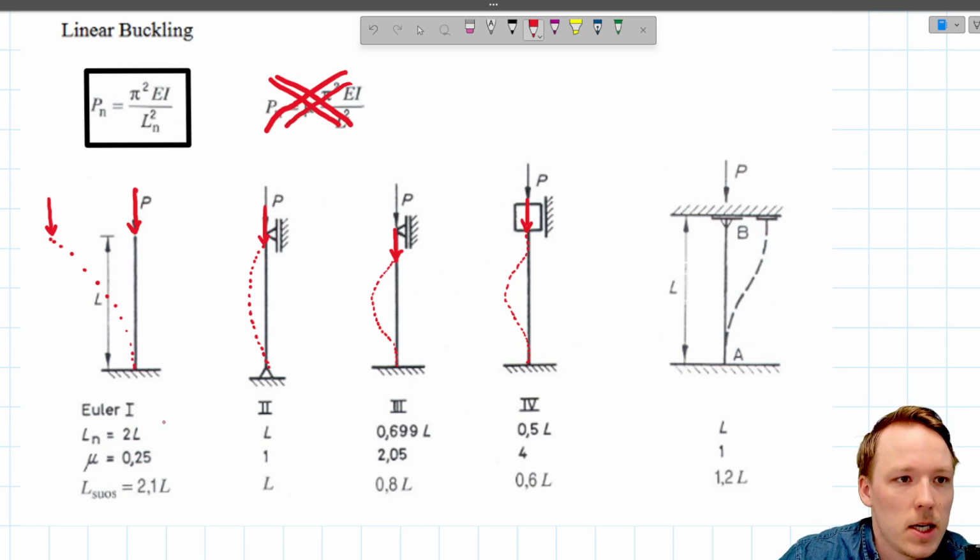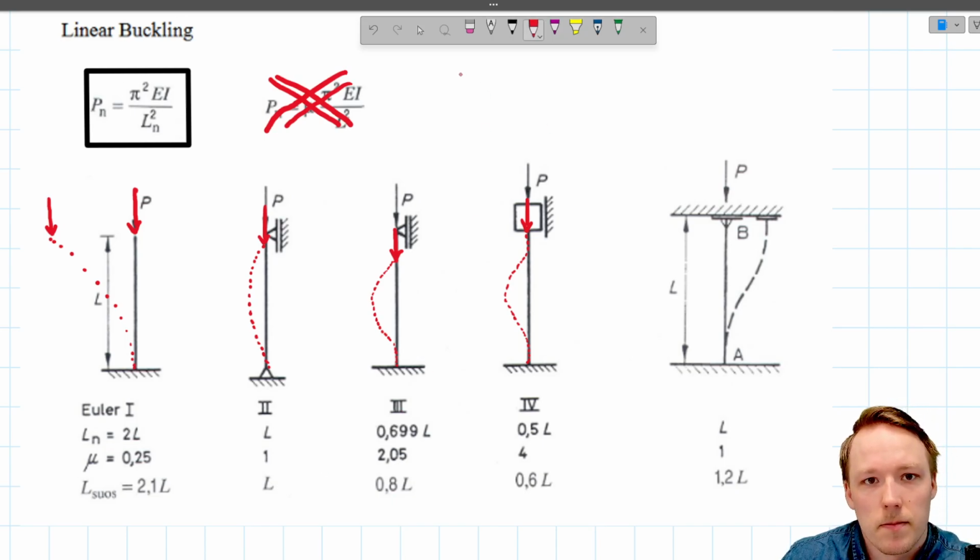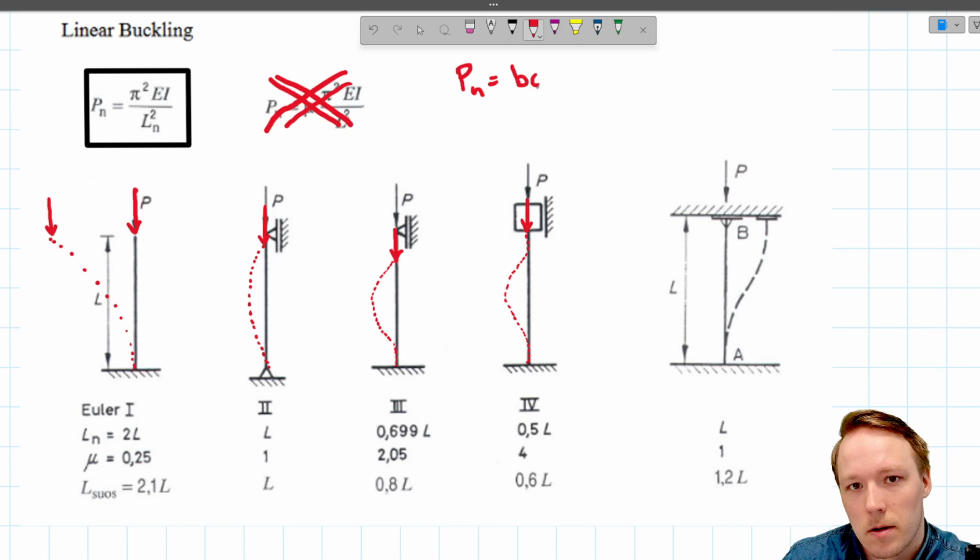So in this equation, Pn is the buckling force. Units, newtons.